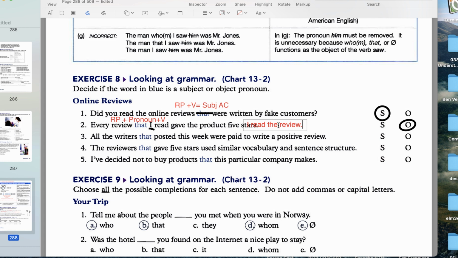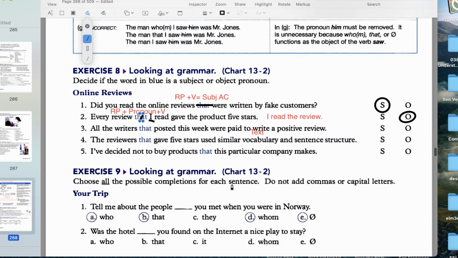So we know that the review is acting as the object because it comes after the verb. That's why we can get rid of "that." Because it's object, right? And we'll just take it out. Every review I read gave the product 5 stars.